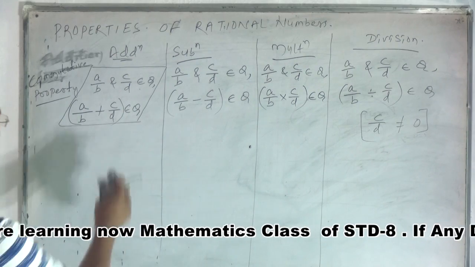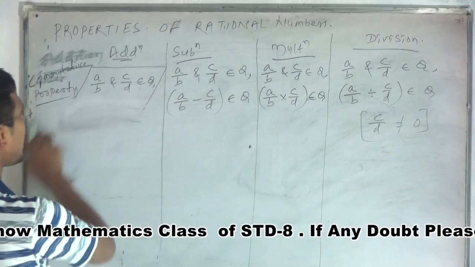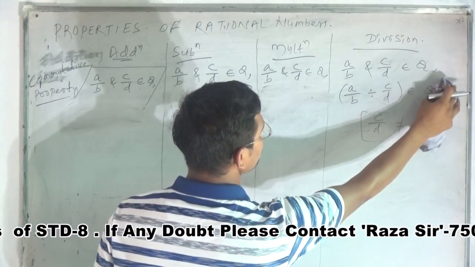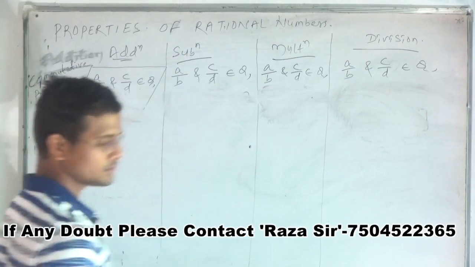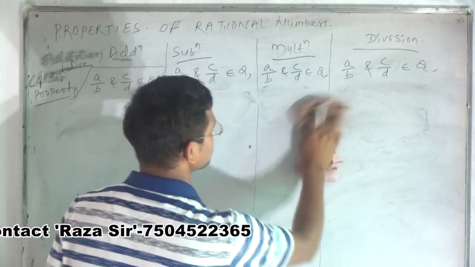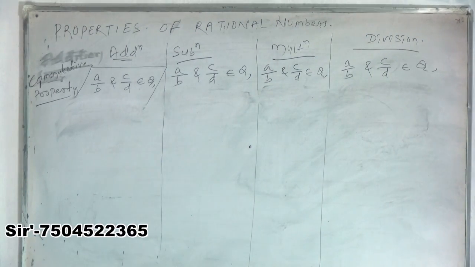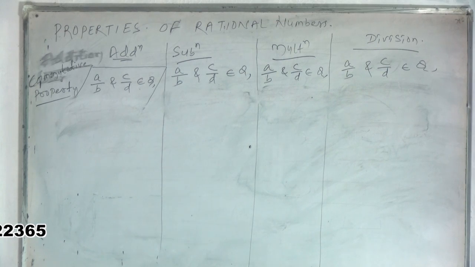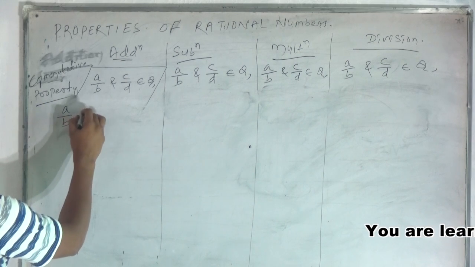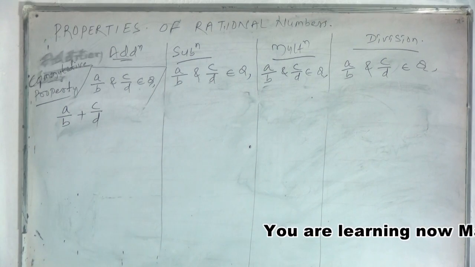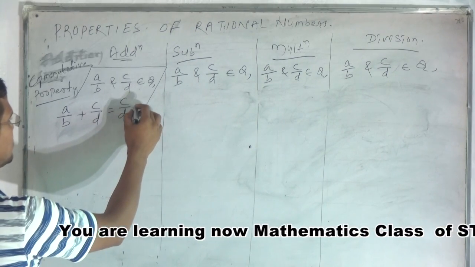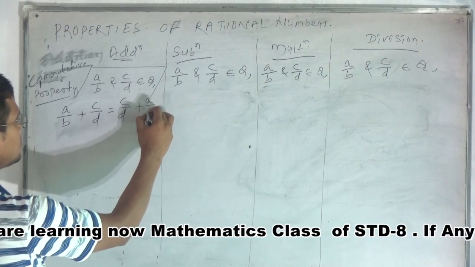If we have two rational numbers, in the commutative property a by b plus c by d is equal to, also you change the place, c by d plus a by b.